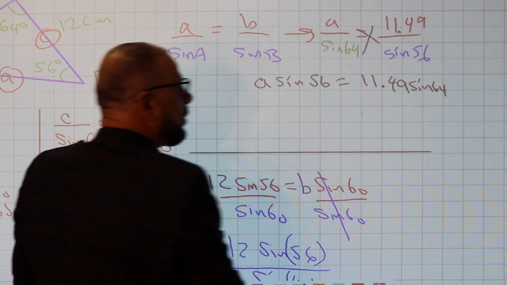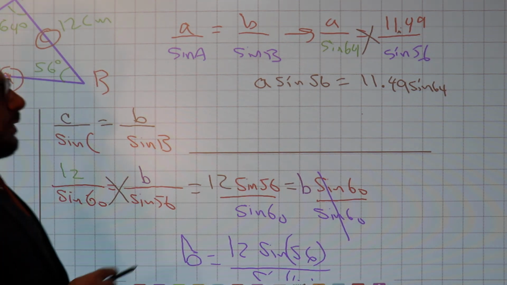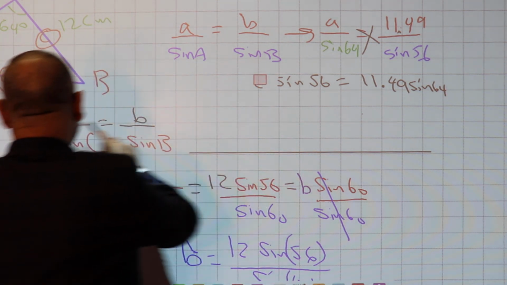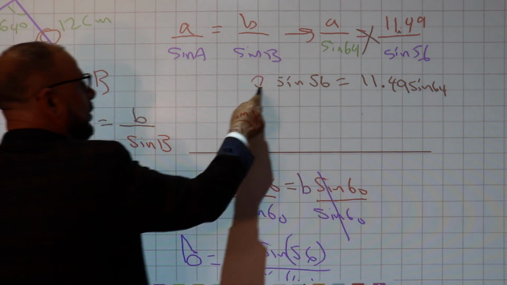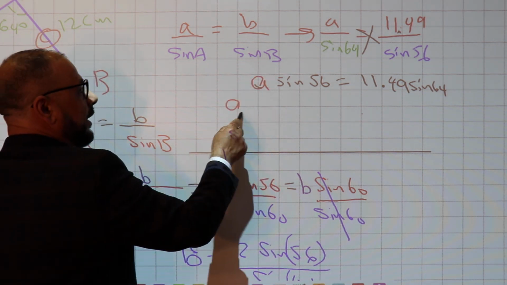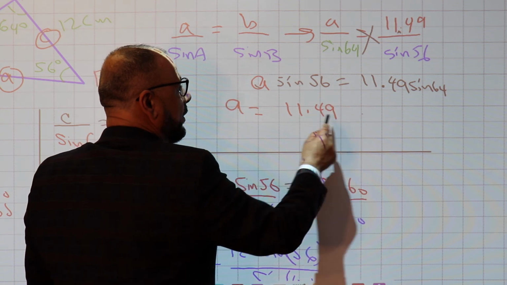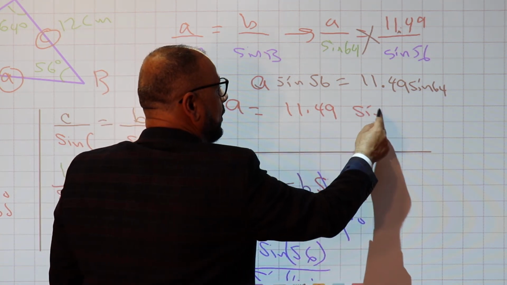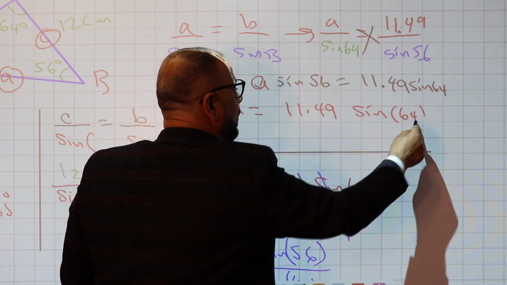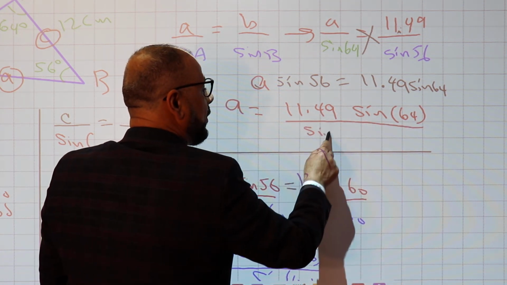We're looking for A. A equals 11.49 sine 64, in parentheses, over sine 56.